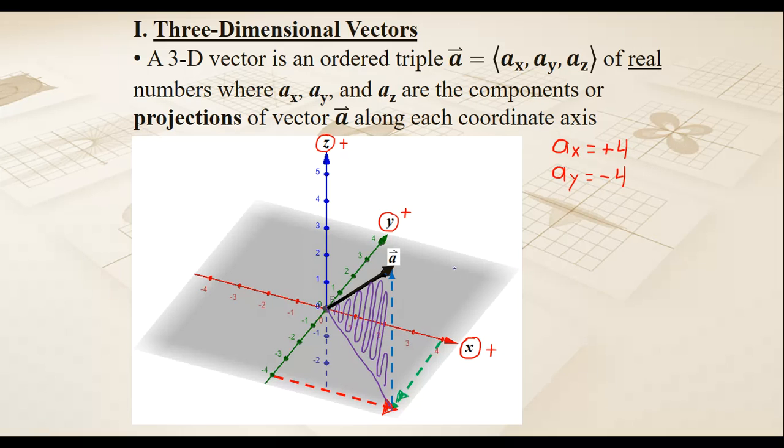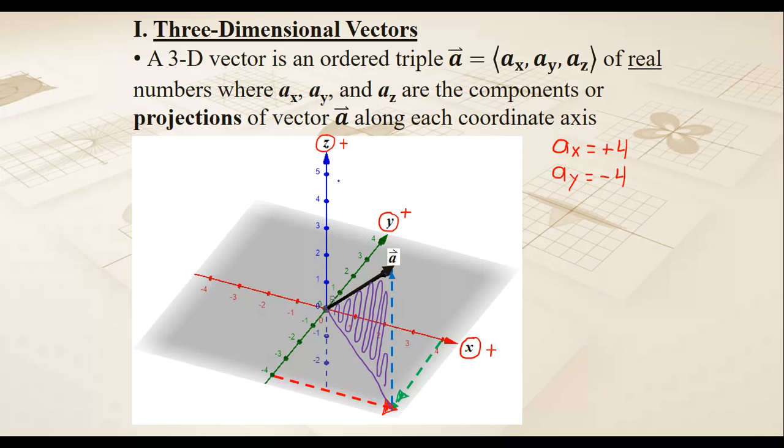Now, we need to identify, well, what's the z component? The z component would just be the height of this vector from the intersection point to the tip of the vector we have here. Again, we're calling that vector A. Now, I can figure out where it hits the z-axis if I take this purple line, start it at the tip of the vector, and draw a line parallel to that purple line at the bottom.